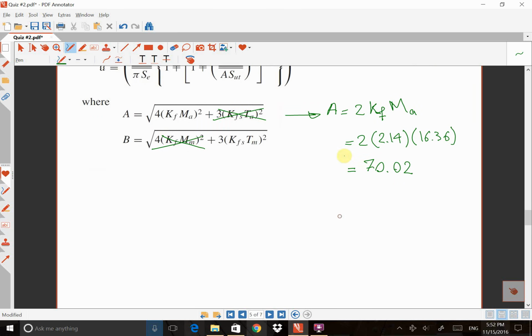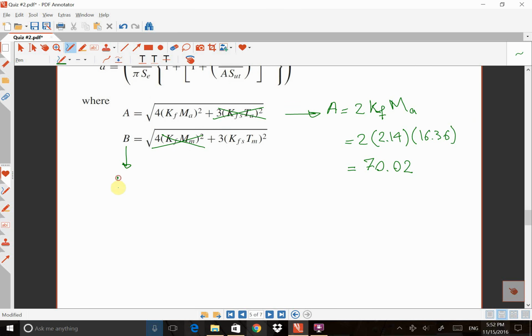Okay, for the B, that will be square root of 3 KFS TM, which will be KFS from the previous page was 3 and TM was 20, so that will be 103.92. The unit of these is kilopound times inch.